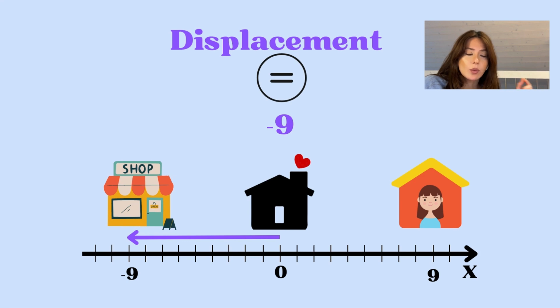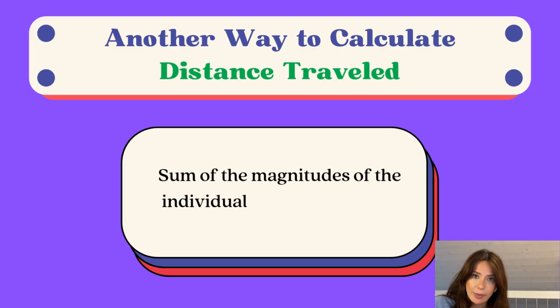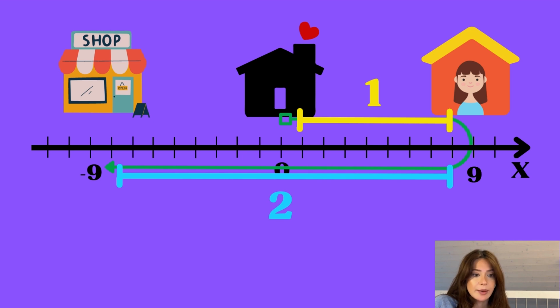Another way to calculate distance traveled is to take small individual displacements, take magnitudes of those displacements, and add them together, just like so. I'm going to split this motion into two because I turned around once. I'm going to analyze two micro paths here.